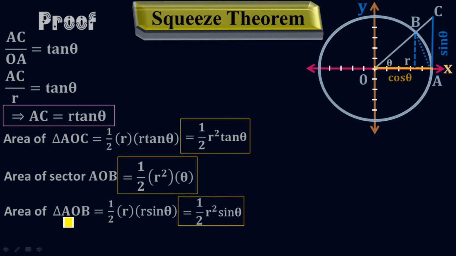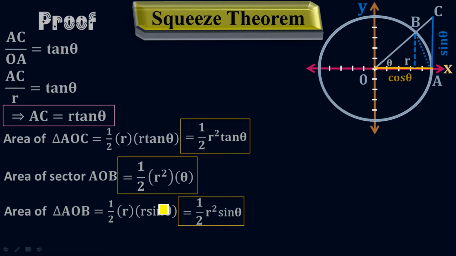But I haven't done the triangle AOB. There is another triangle AOB. What about its area? The area of the triangle is 1/2 into base into perpendicular, which is 1/2 into r sine theta. It equals 1/2 into r square sine theta.